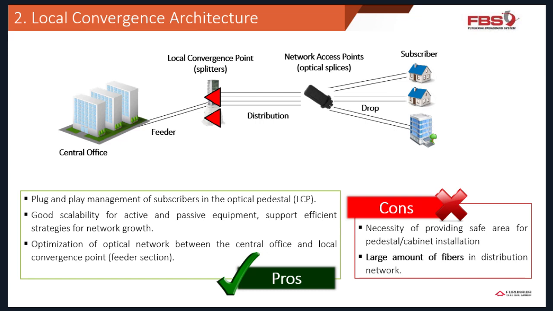This local convergence architecture was developed also because at the beginning of the FTTH deployment, the equipment was really expensive. Just so you know, when we talk about 15 years ago, 20 years ago, the OLT port cost around $10,000. Now it costs around $800. So a dramatic reduction.